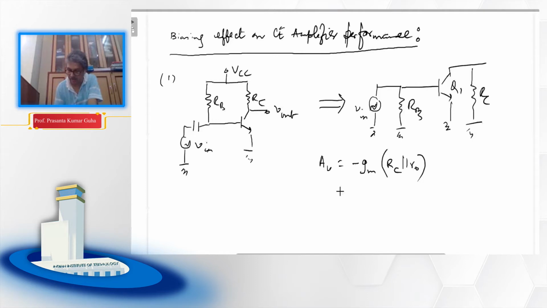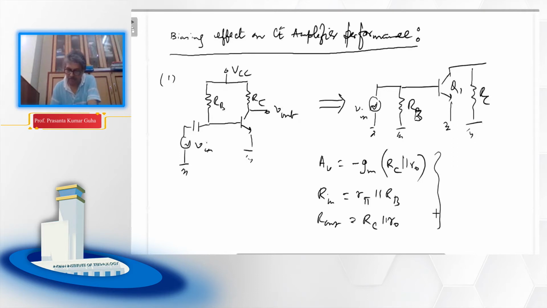However, this RB has effect on the input impedance, which is again obvious because RB will be in parallel with r pi. So the new AC input impedance will be r pi parallel RB, and also the R out will remain the same. So this part we have done yesterday.